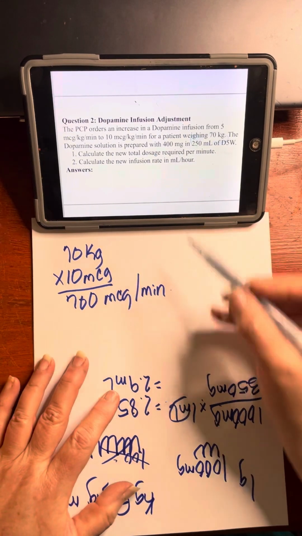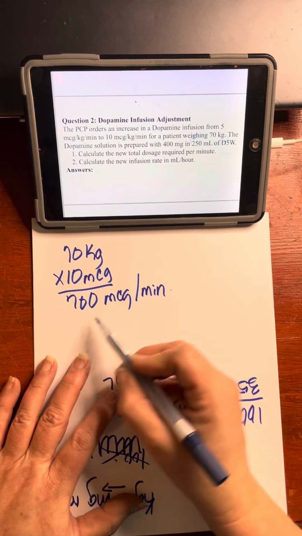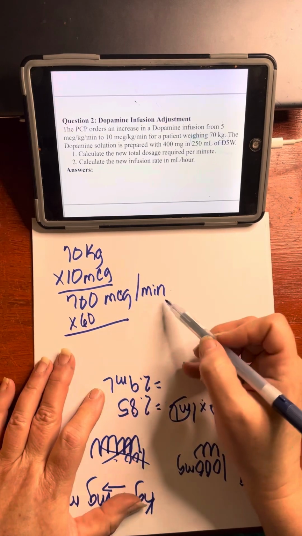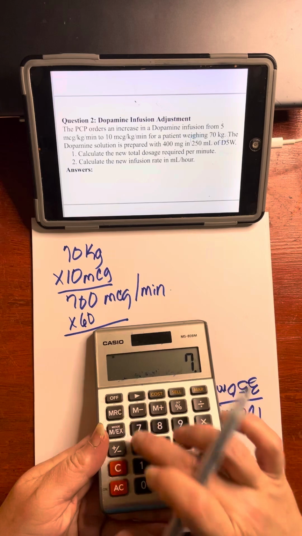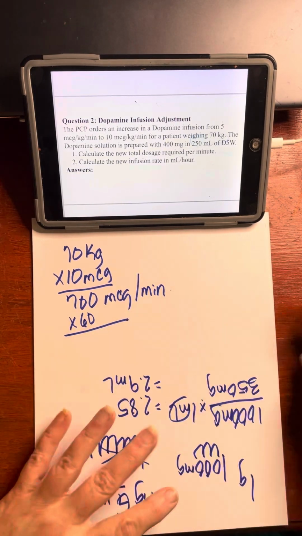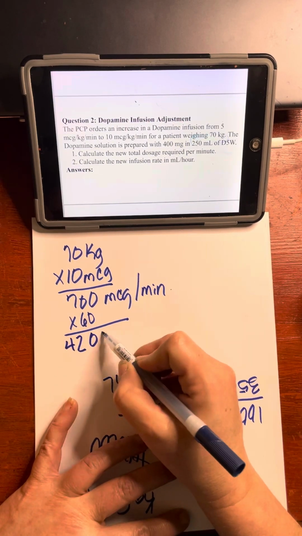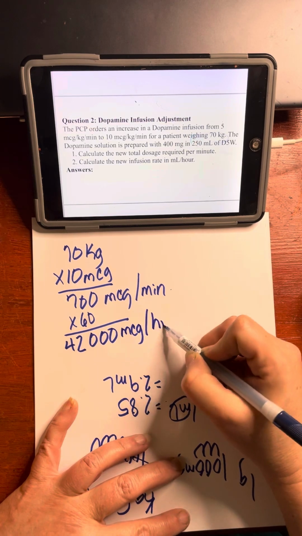Okay, and then we have to figure the milliliters per hour. This is per minute, so I can multiply this times 60 to see how many micrograms they're going to get in an hour. So 700 times 60 equals 42,000 micrograms per hour.